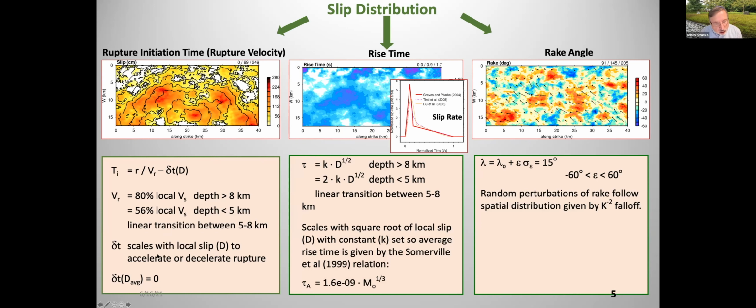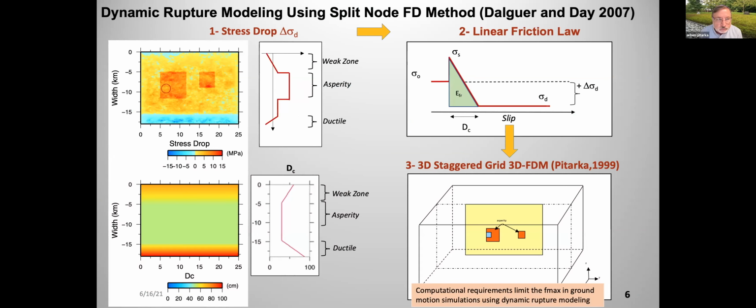So there is an acceleration and deceleration of the rupture. We come up with a slip rate function in which the rise time is also correlated with slip. And then the next parameter is the rake angle. So we do have some correlated stochastic variations of the rake angle, as is actually observed in reality.